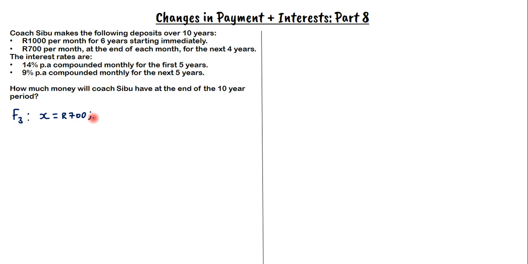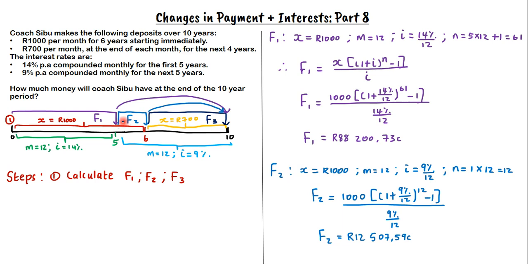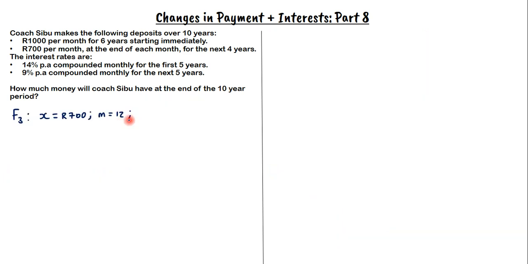The compounding is still 12, and the interest is 9% over 12. And then N here will check the difference between where this future value started and where it ended. So from year 6 to year 10, the year difference is 4, which means we multiply this by 12, and that will be 48.